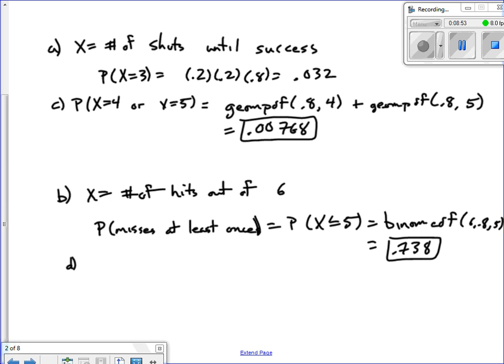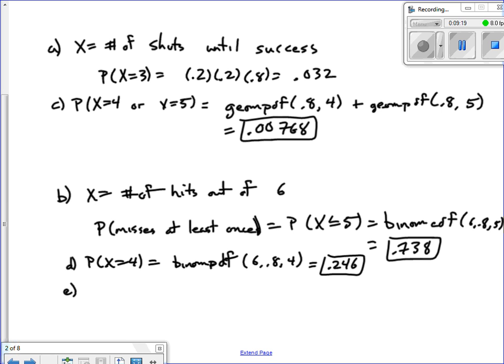For D, she gets exactly 4 bullseyes, so probability that X equals 4, and that's binomial PDF. That's the way that we're going to set it up. If you'd like to do the table, by all means, go for it. And for us here, that's going to be 0.246. For E, she gets at least 4 bullseyes.